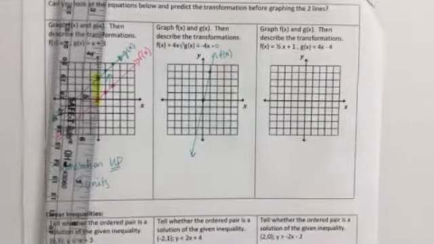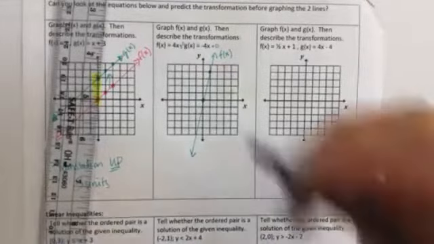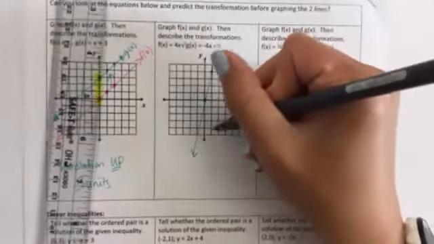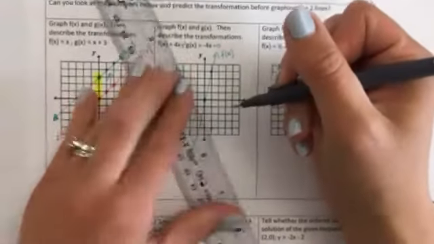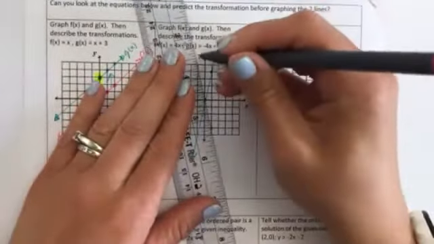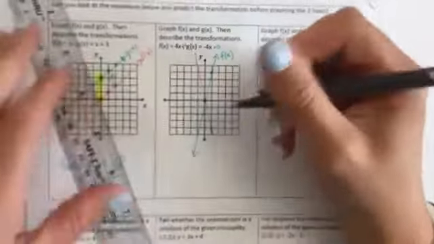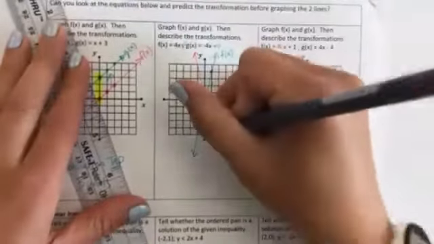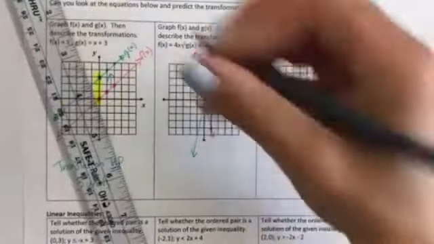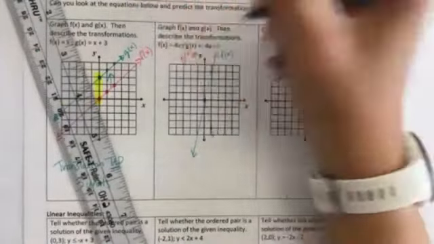Okay, that's my first graph. My second graph starts the same place, but I go down 4 over 1. Okay.